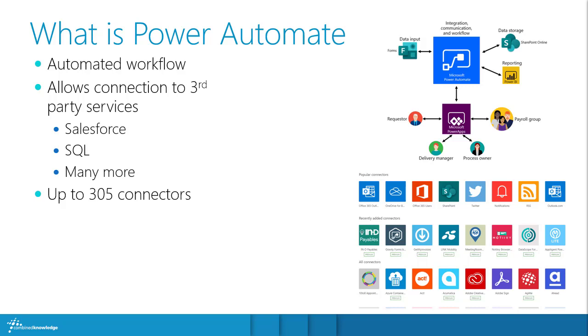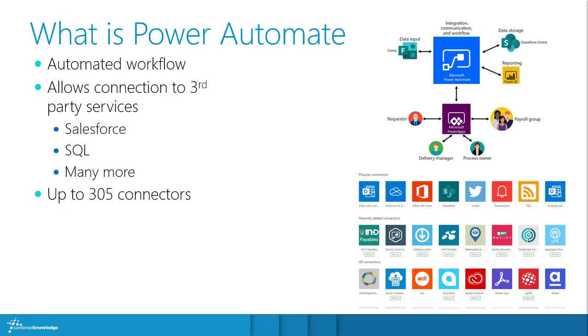So what is Power Automate? It is effectively just automated workflows, moving information from one point to another. But it goes beyond a standard set of questions that we can ask. Using building blocks, we can build our workflow process to connect to up to 305 different services.